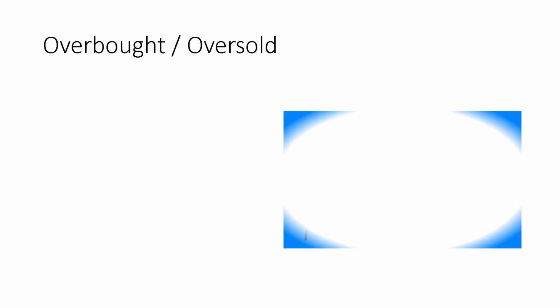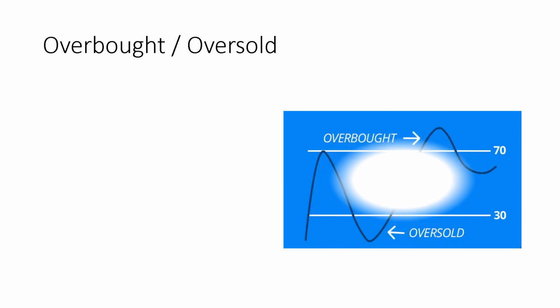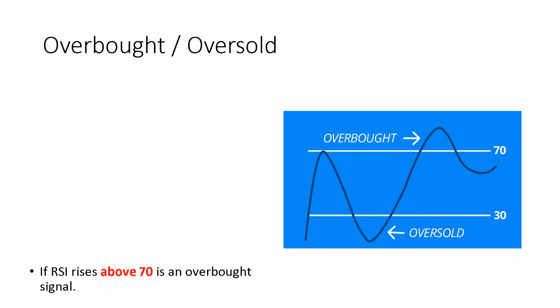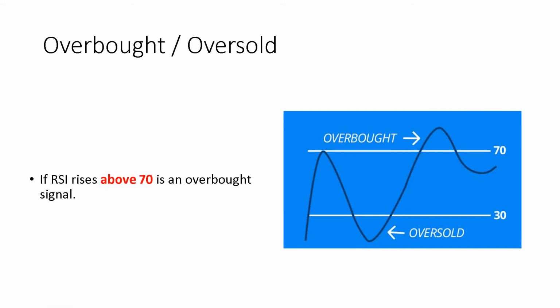The RSI constitutes an overbought or oversold oscillator. J. Wells Wilder recommended using 70 and 30 as overbought and oversold levels. If RSI rises above 70, the underlying stock prices show high upward momentum.